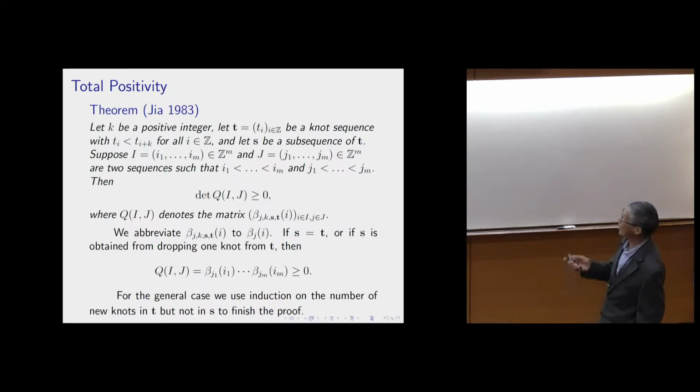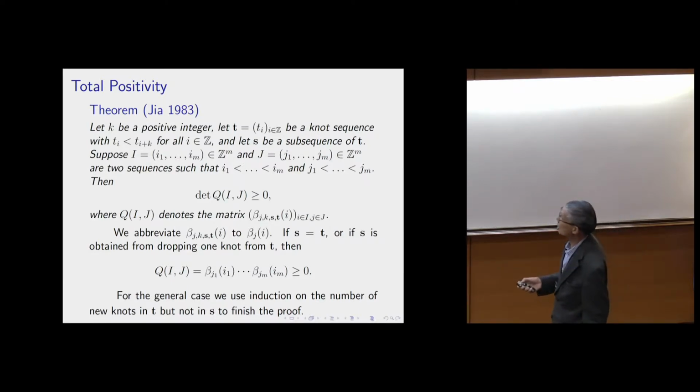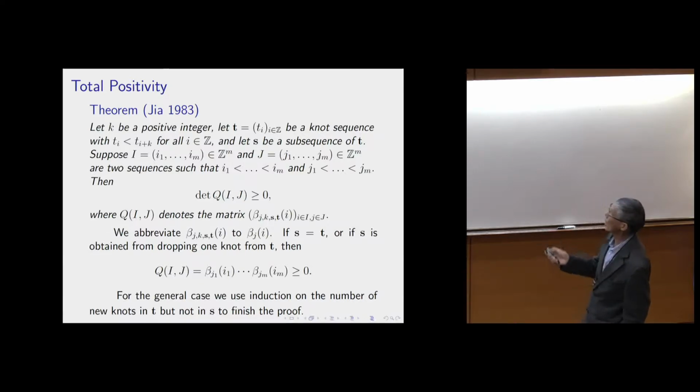Now we insert one node by one node, so we only consider the case when we have one new node. Then we have an explicit matrix, and this matrix is totally positive, meaning every minor is non-negative. This can be calculated exactly.